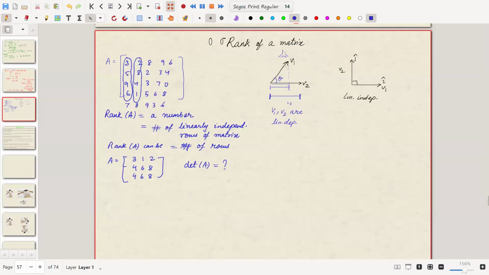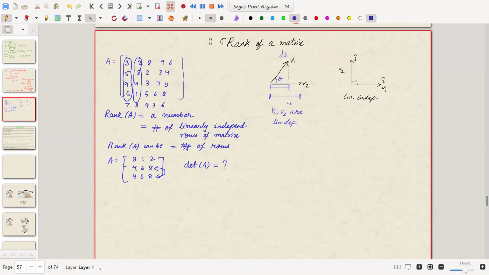It's a 3 by 3 matrix, so it's a square matrix. The determinant is well defined. How many of you are saying 0? Yes, without even computing, you will say 0 because the two rows are just similar. So you can see that these two are linearly dependent. Therefore, computing the determinant of a matrix can give you an idea of the rank.